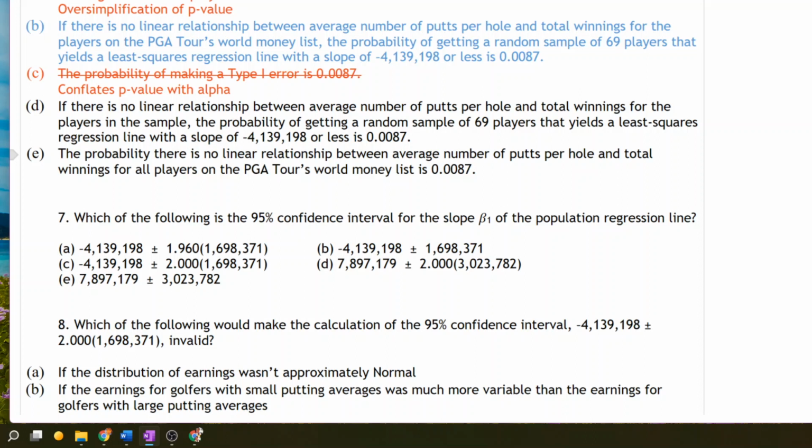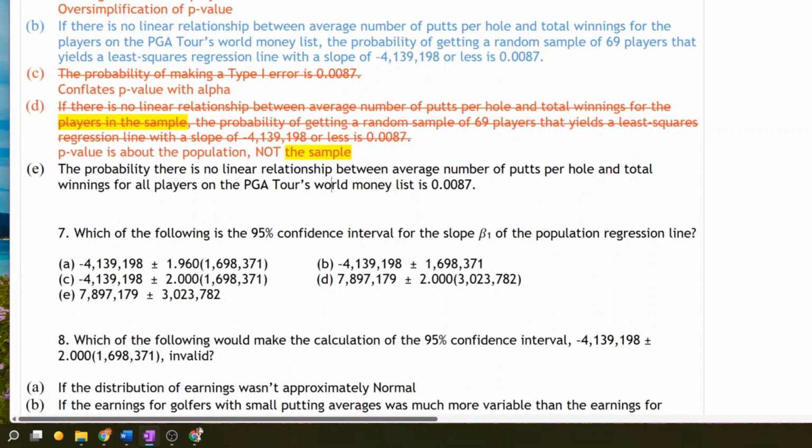But take a close reading here. Letter B says players on the PGA Tour, which would be the population, and this one just says players in the sample. That makes all the difference. We need no linear relationship in the population, not in the sample. So a close reading is necessary to rule out letter D.